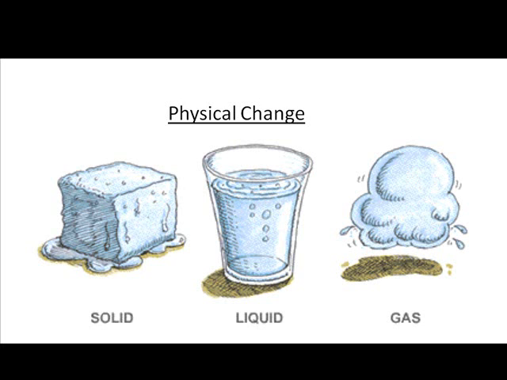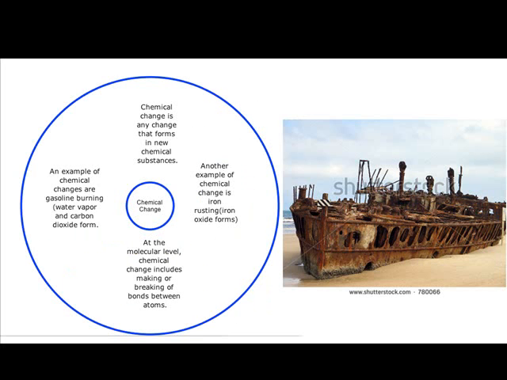So all things, crude oil, water, anything like that, if you lower the temperature enough, it's going to become a solid. If you raise the temperature enough, it all becomes a liquid. Of course, it all becomes a gas then. So physical changes are referred to as change in state, and they often involve a change in temperature.